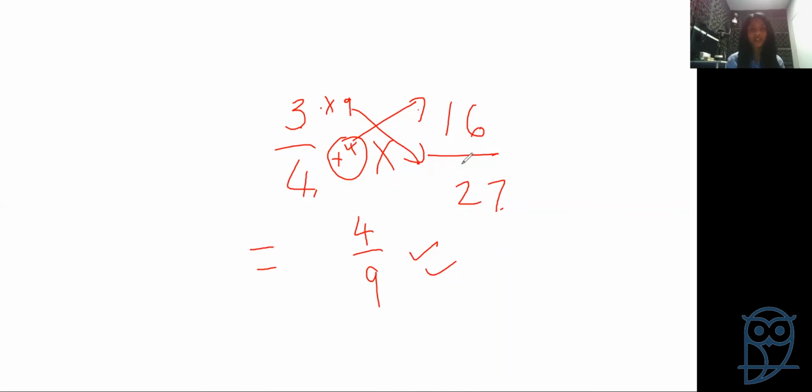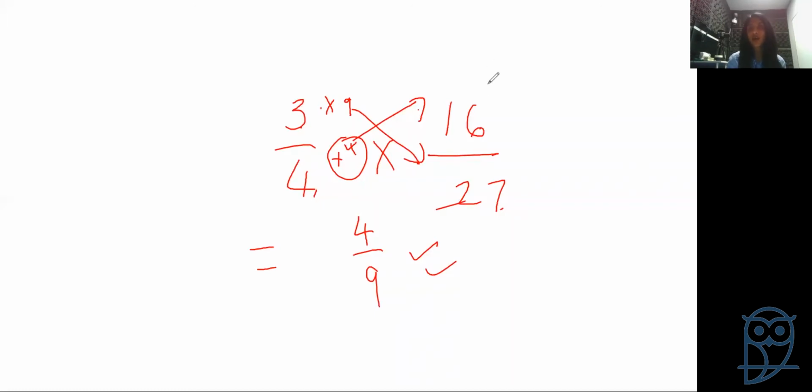We know when we're adding or subtracting fractions, we must always make sure that our denominators are the same. And when we are multiplying, we know we have to first cancel out to look for the common factor before we even start to multiply. So once we get our highest common factor, we can work out our answer.